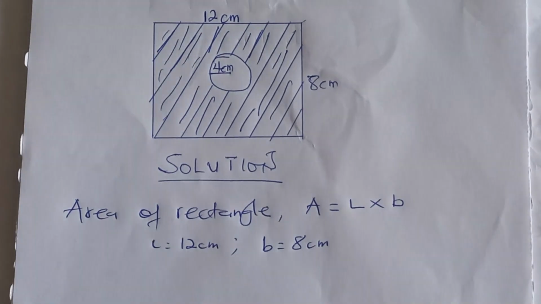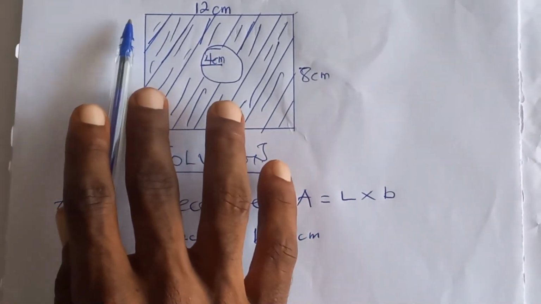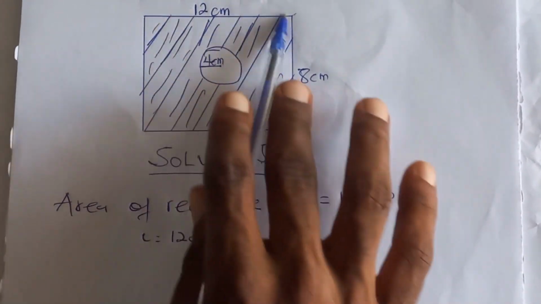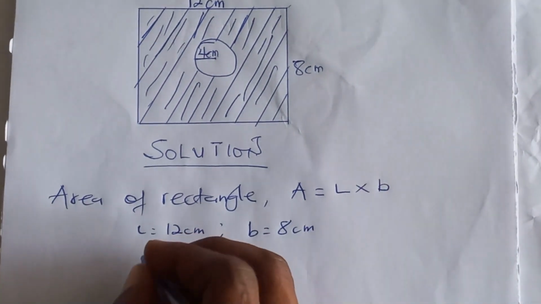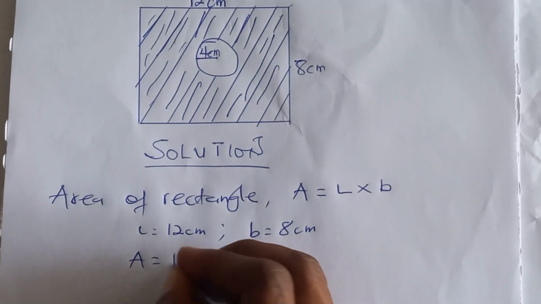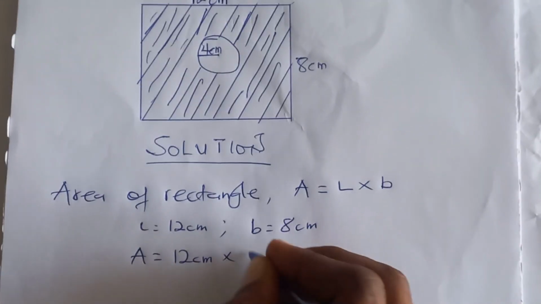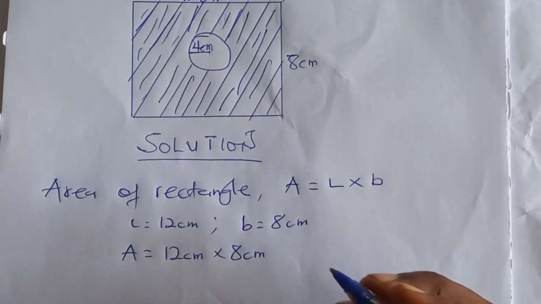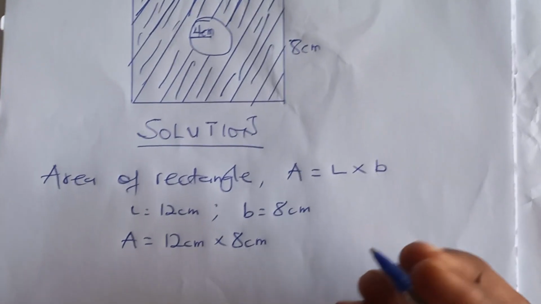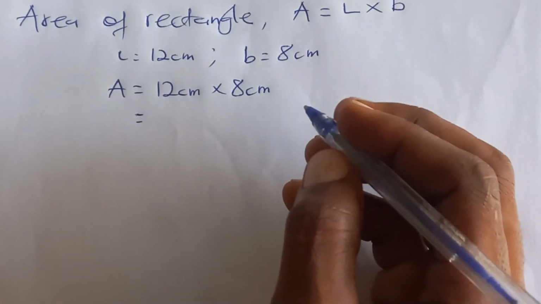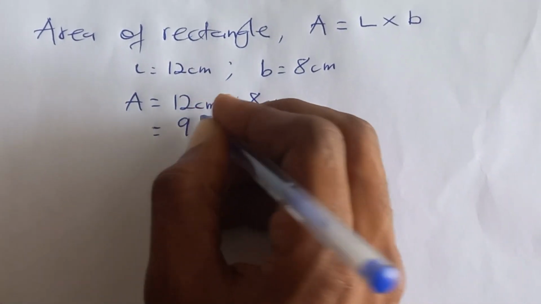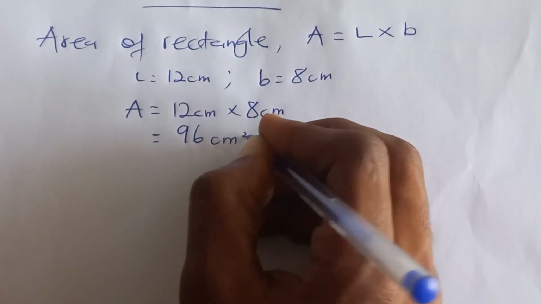So the total area of this rectangle is going to be area equals 12 centimeters times 8 centimeters. We are getting 96 centimeters squared.